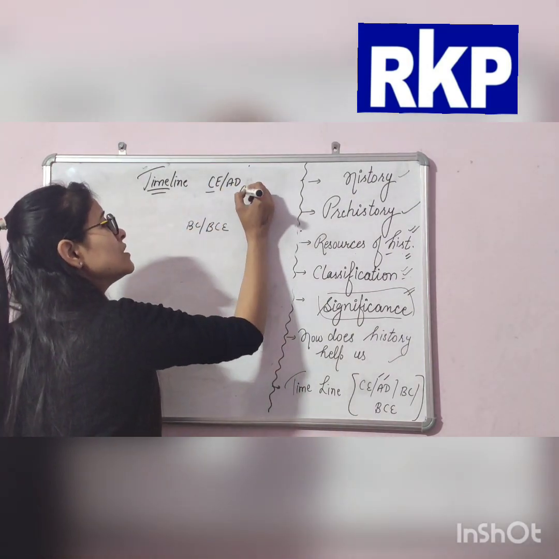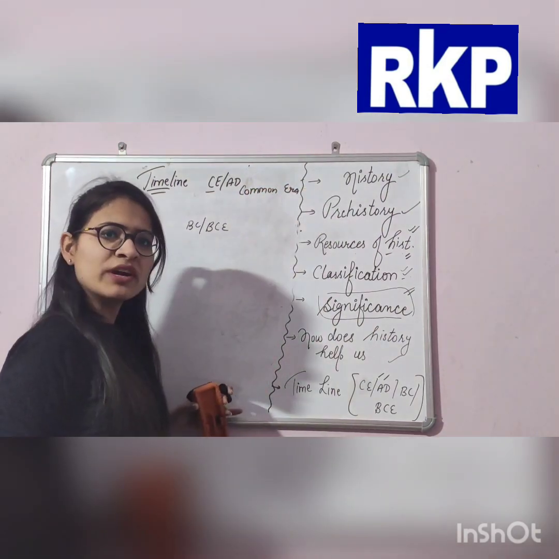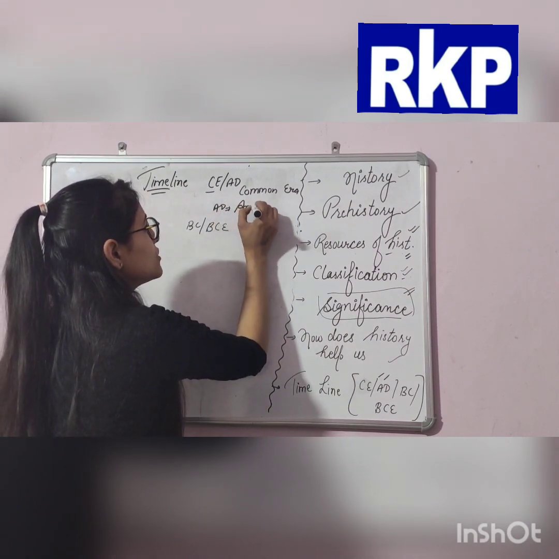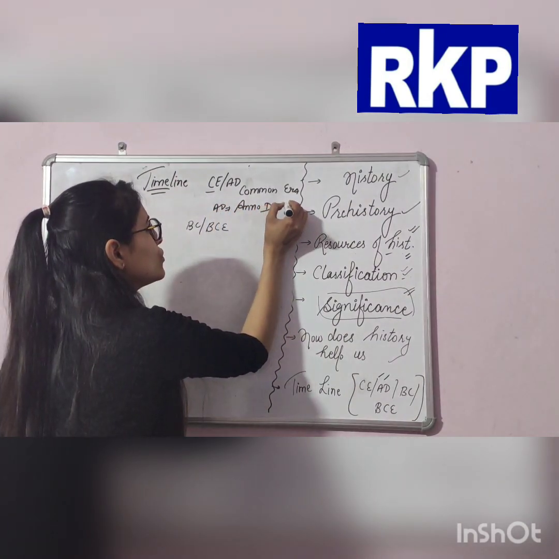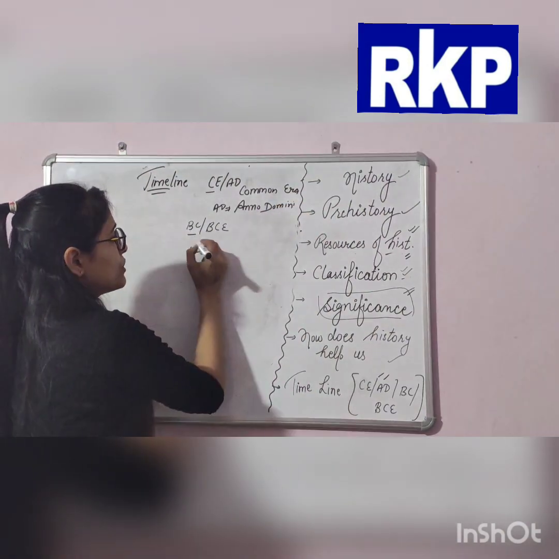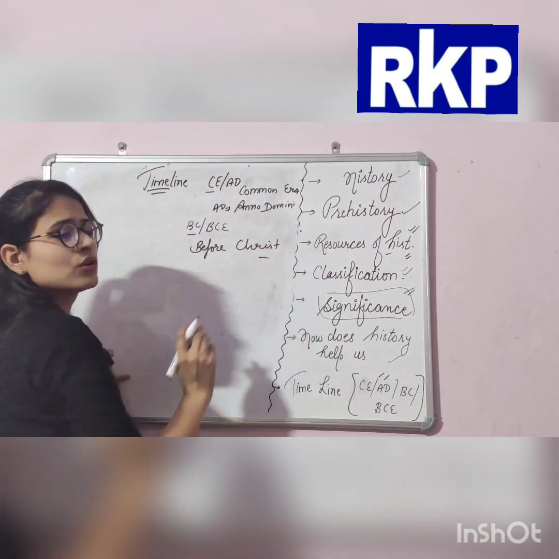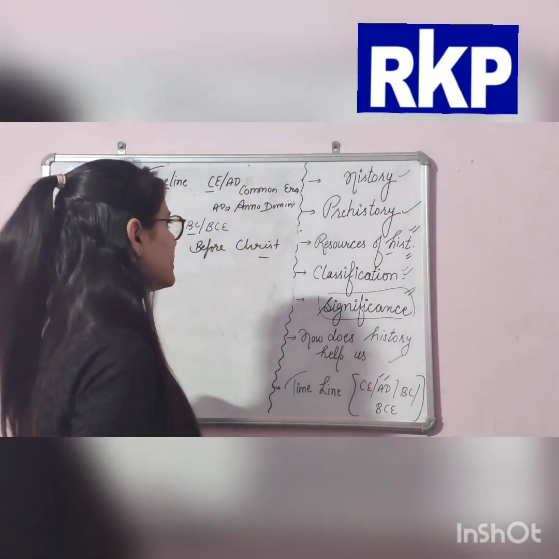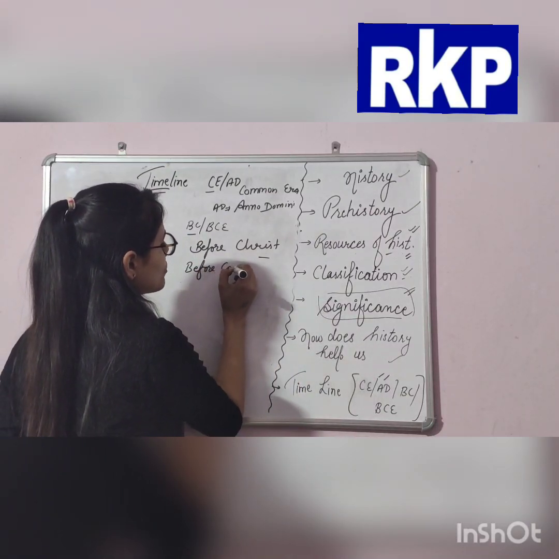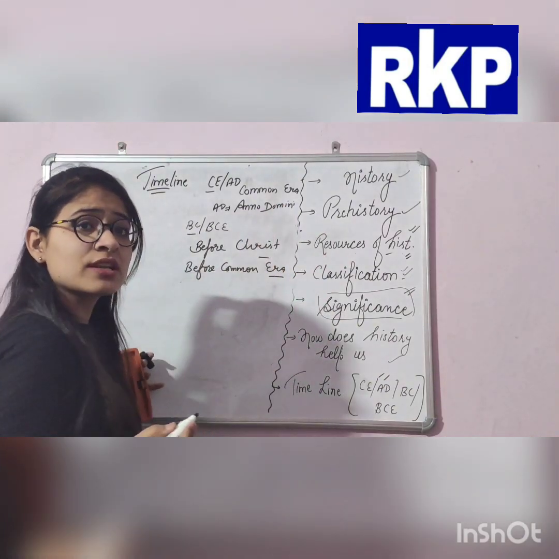What is CE? CE means Common Era, and AD means Jesus Christ, who was the founder of Christianity. The next is BCE, Before Common Era. What is era? Era means time period.